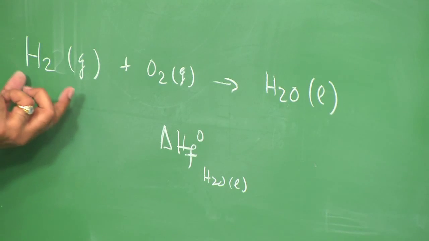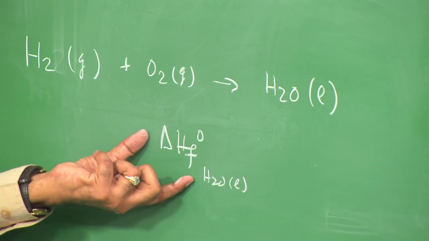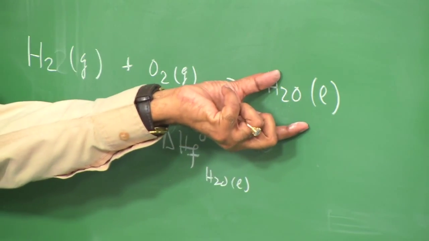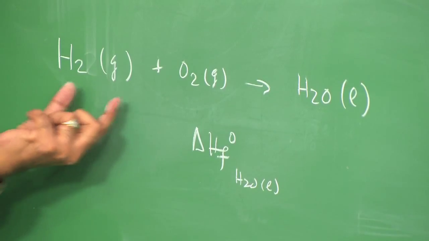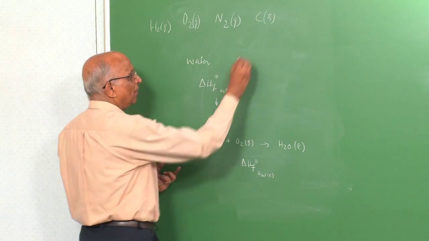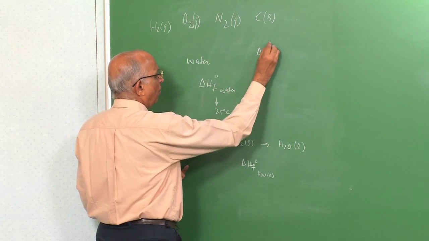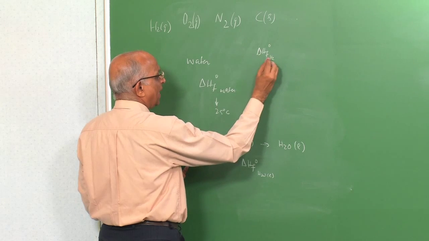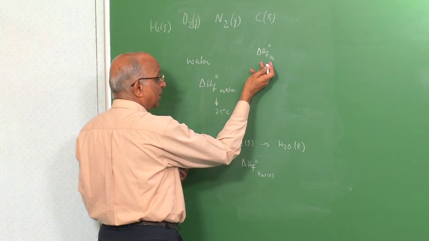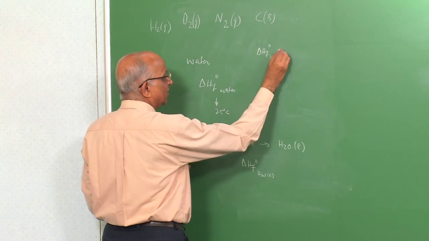Let us take a look. By very definition, since we are defining a substance in terms of elements, the heat of formation of the elements is 0. Therefore, the heat of formation of an element like hydrogen gas at the standard condition of 1 atmosphere pressure and 25 degrees centigrade is 0.